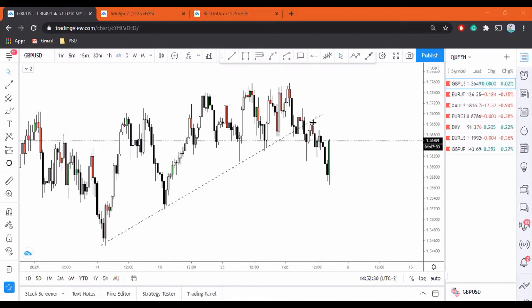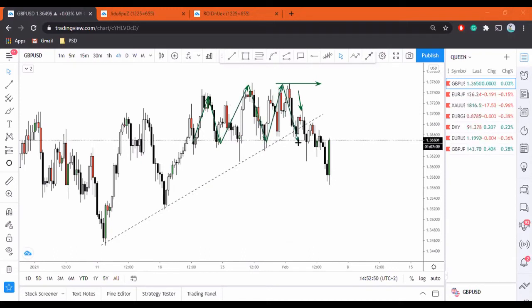However, it got broken yesterday, and as you can see, price came, it tried rejecting, but failed to reject. It created a new high. It failed to go all the way up. If you look at the past, price has been consolidated all the way here, right?